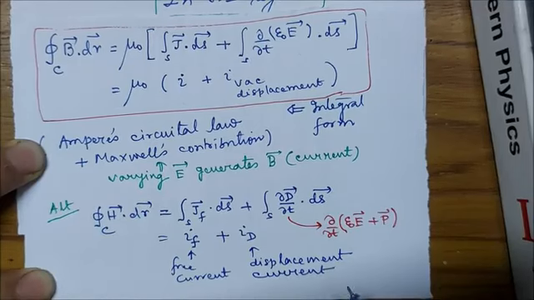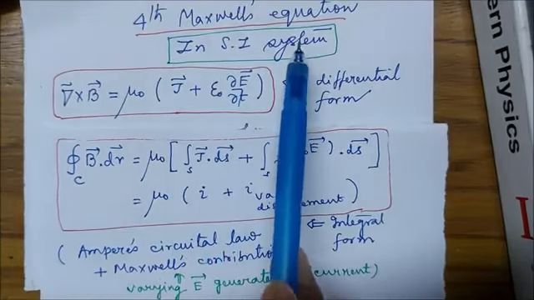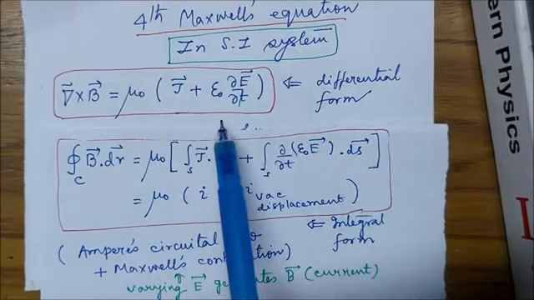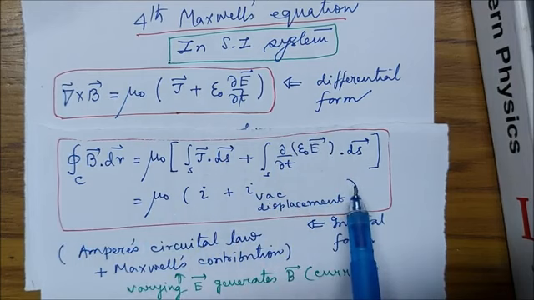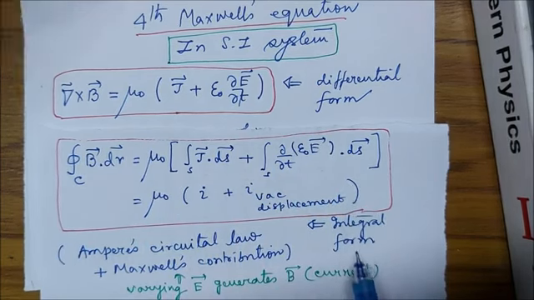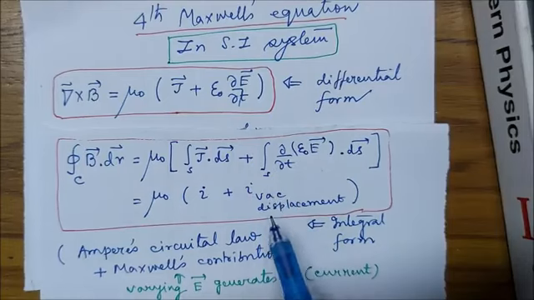So the fourth Maxwell's equation is this one, which is the differential form, and this equation which represents the integral form. We now write them in Gaussian system.